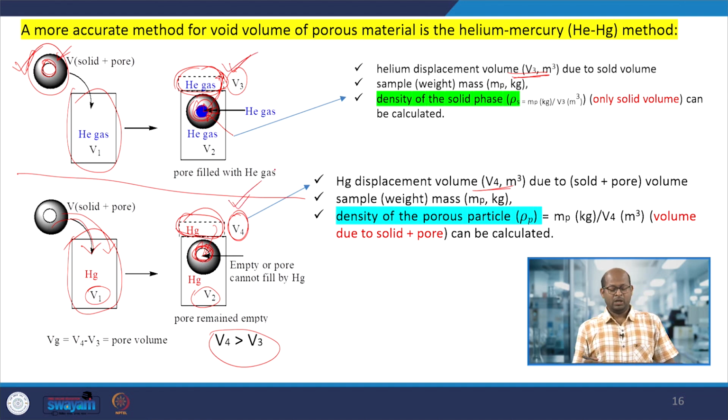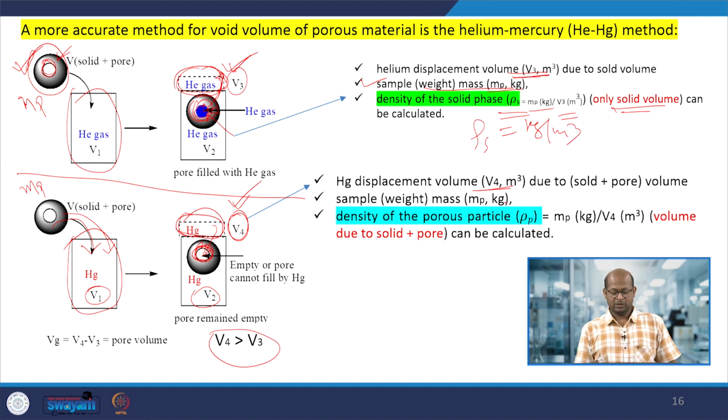If you know the quantity of the material, the weight of the particles or sample weight, then rho is the density, the material weight divided by the displaced volume by helium. That gives the solid density, expressed as rho s, in kg per meter cube.